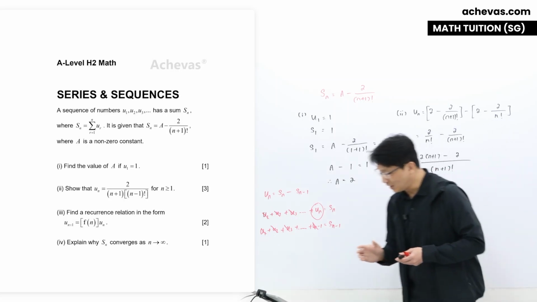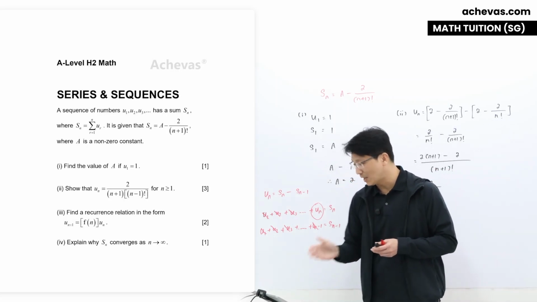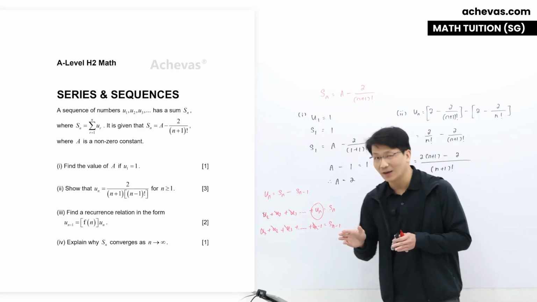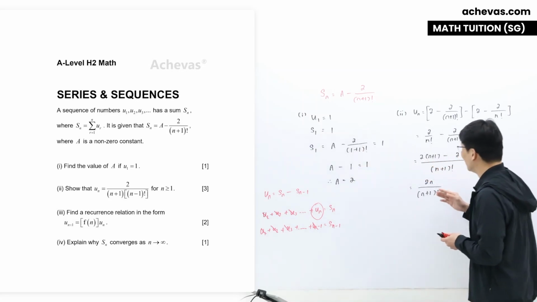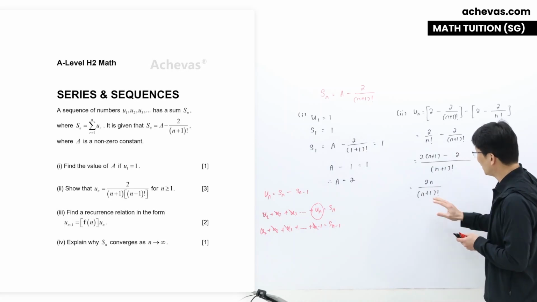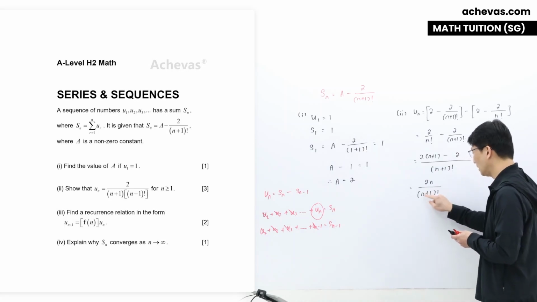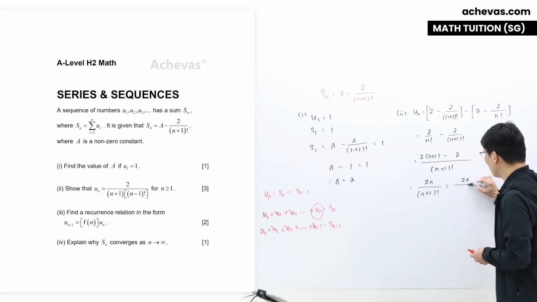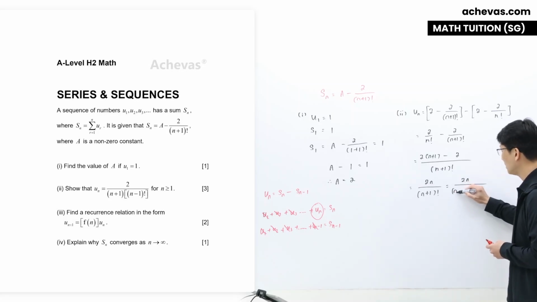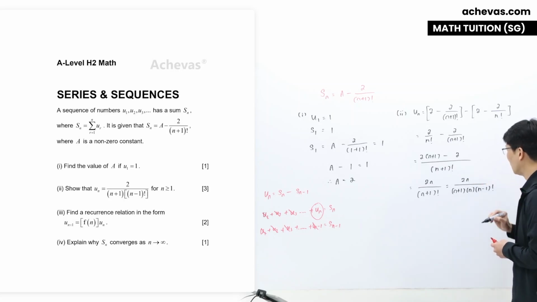But this is not really what I want to show yet, because you can see that the final result seems like there's no n at the numerator. Somehow it's being cancelled away, which I think I can do by expanding the denominator first, because I can rewrite (n plus 1) factorial as (n plus 1) times n times (n minus 1) factorial.